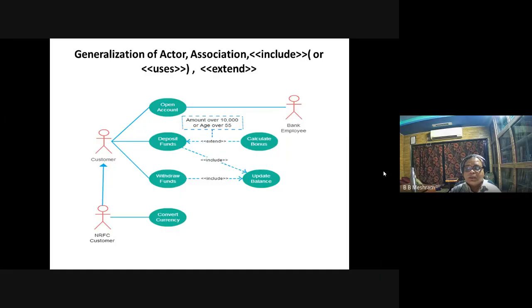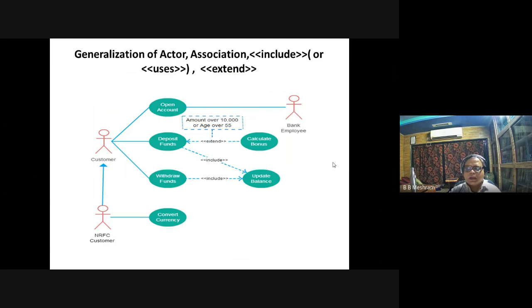Now include association. In include association, deposit fund is a base use case and update balance is an include use case.